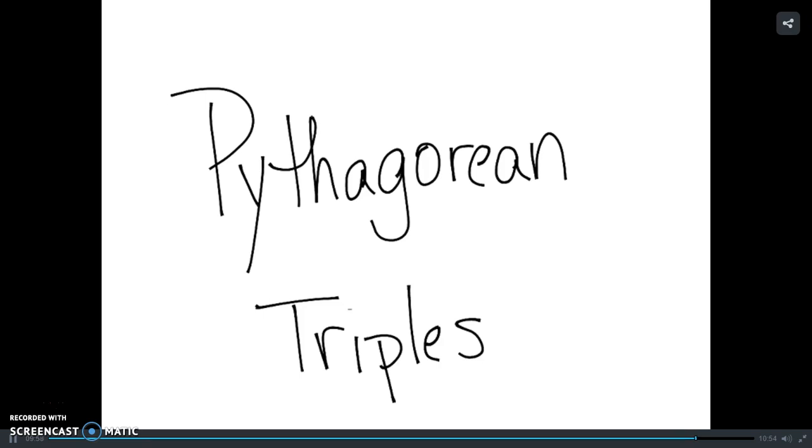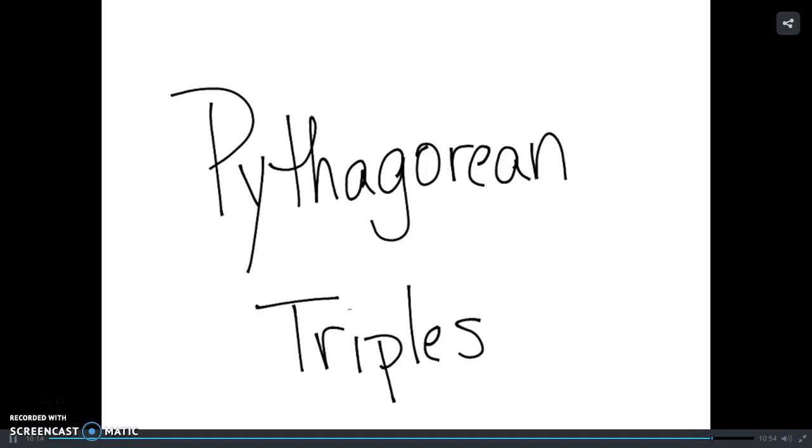Like 3, 4, 5 is a Pythagorean triple because every time you have that set of 3 numbers, you are always going to get 3, 4, 5. So if they give you the 3 and the 4 and you're solving for the hypotenuse, you will get 5.